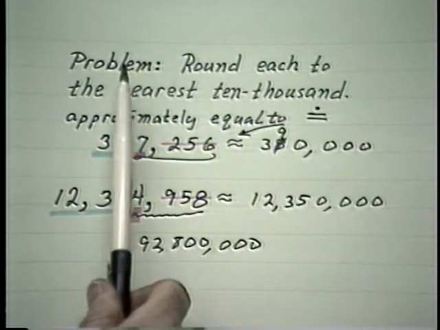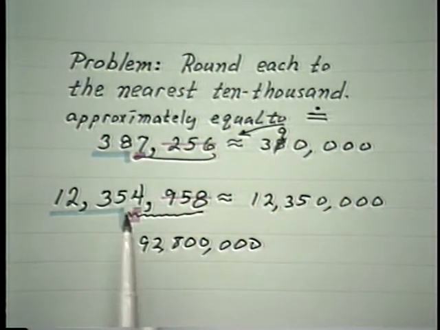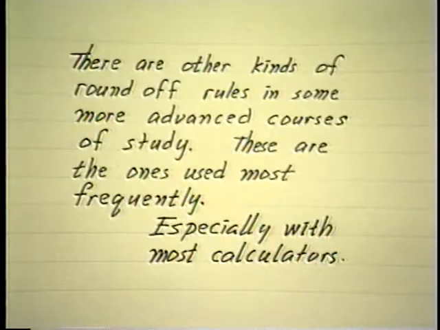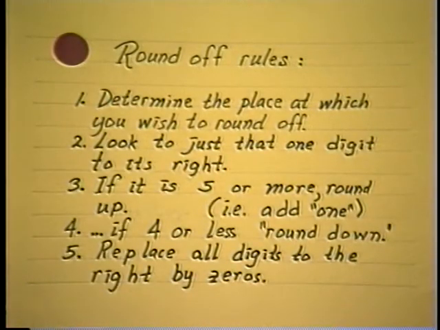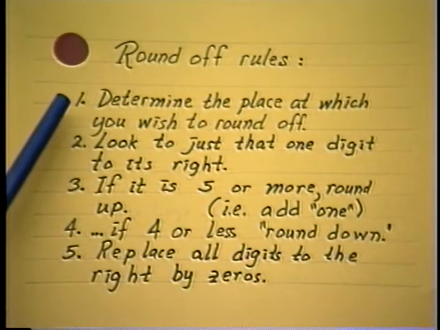These are the round-off rules used most frequently in this and most courses you'll take. There are other kinds of round-off rules in some more advanced courses of study. These are the ones, however, used most frequently, especially with calculators. So it's important that you learn them as quickly as possible.